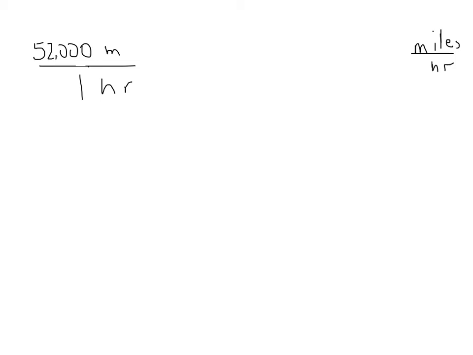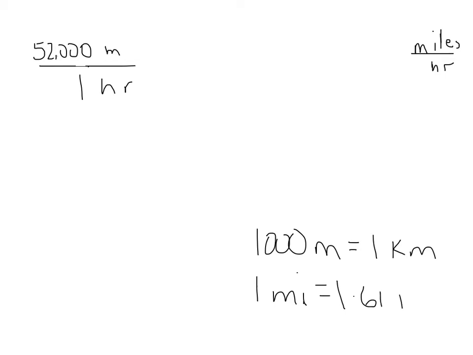Once again, we need to convert from meters into some unit that gets us to miles. If we do this in 2 steps, we know that there's 1,000 meters in 1 kilometer, and we also know from looking it up that 1 mile is equal to 1.61 kilometers.